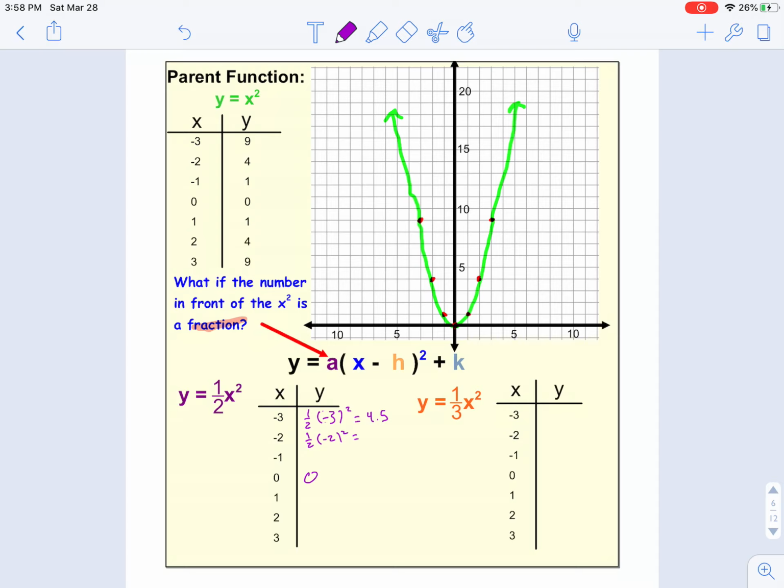All right, 1/2 times -2 squared. -2 squared is 4, times 1/2 is 2. 1/2 times -1 squared, that's going to be 1/2, or I'm just going to write it as 0.5. All right, 0, 0, and 0.5 to 4.5.